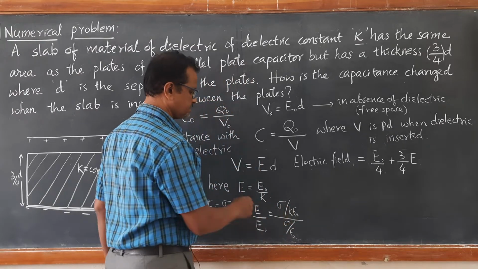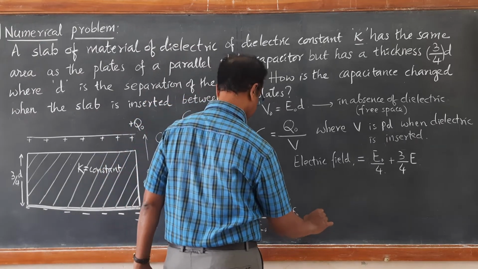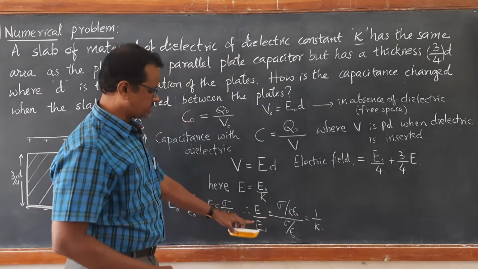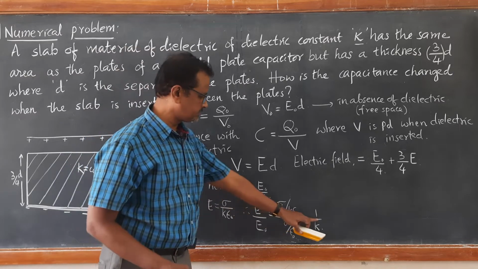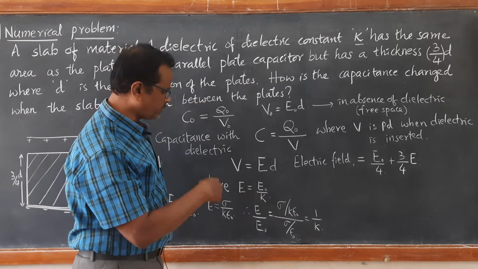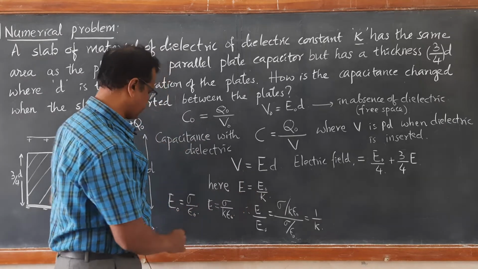Epsilon naught cancels, sigma cancels, so you are left with 1 by K. Therefore, E by E naught is equal to 1 by K, and E naught by E is equal to K.